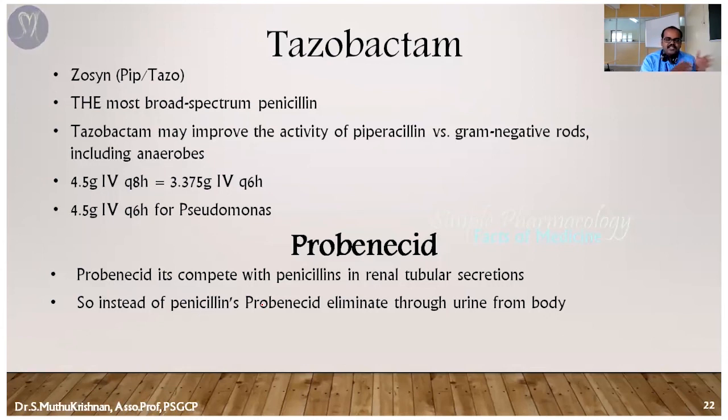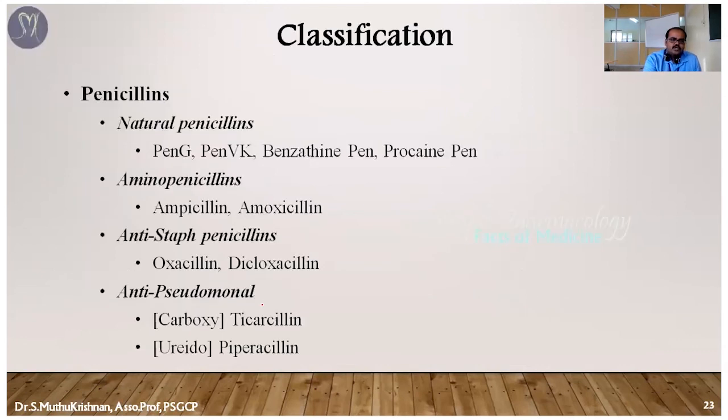So instead of penicillin, probenecid goes to the tubular secretion and is eliminated through urine. So we can retain the penicillin. This is one of the nice mechanisms to retain the penicillin. With this drug, we can increase the duration of action to produce better antibacterial effects.